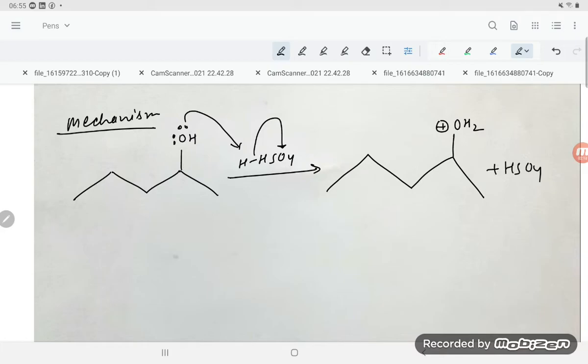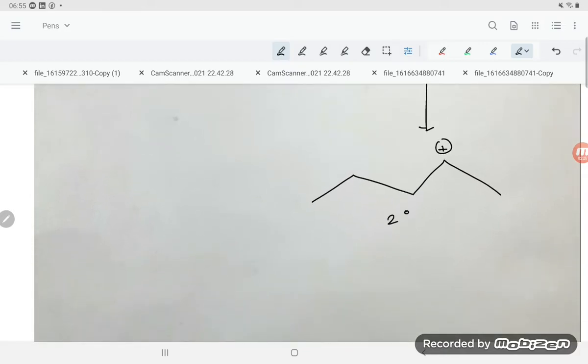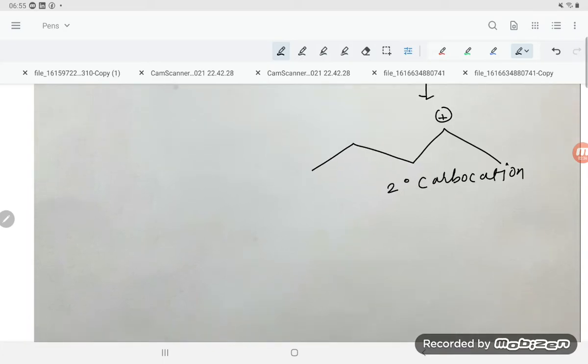Here what will happen? Here the loss of water molecule will be taking place. This bond will split, and the loss of water molecule will be taking place. So here will be the carbocation. This is the 2-degree carbocation that is forming. Now what is happening? This 2-degree carbocation, whatever we got here, is the 2-degree carbocation.